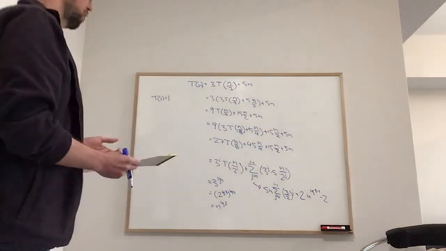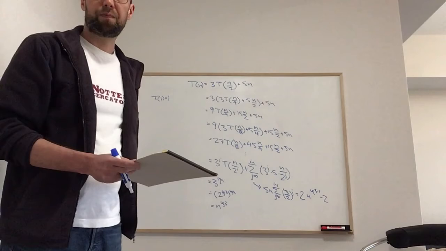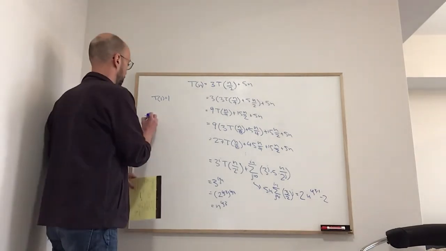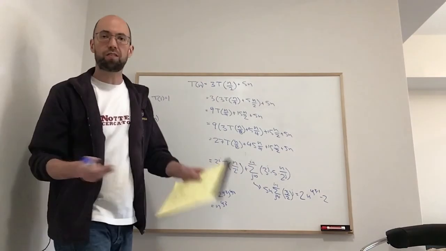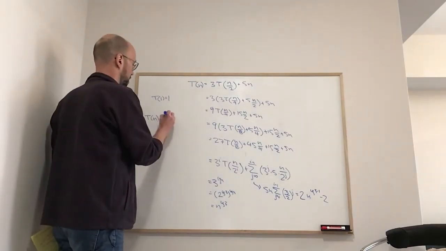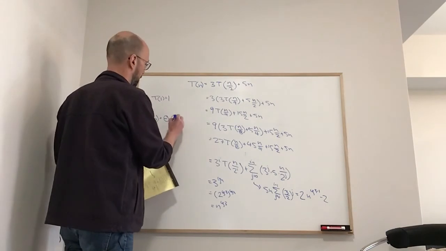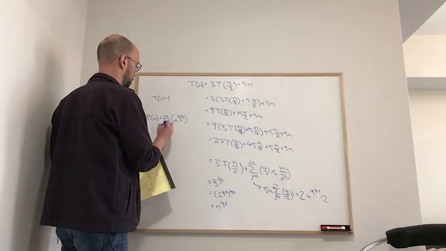So everything is order n to the log 3. So for Karatsuba's algorithm, ignoring the ceilings and floors, what you get is theta of n to the log 3.